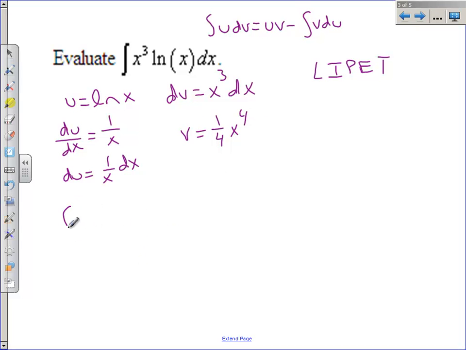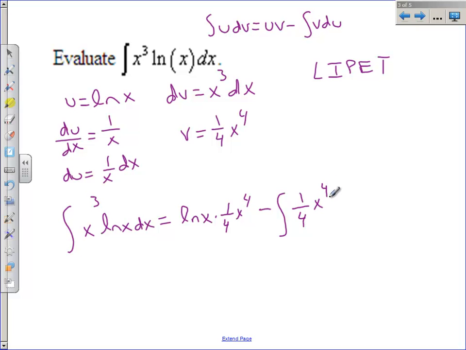So my answer to this is the integral of x cubed natural log of x dx equals u times v. That's the first part of the formula. So natural log of x times 1/4 x to the 4th minus the integral of v du: 1/4 x to the 4th times 1 over x dx. And this will clean up.